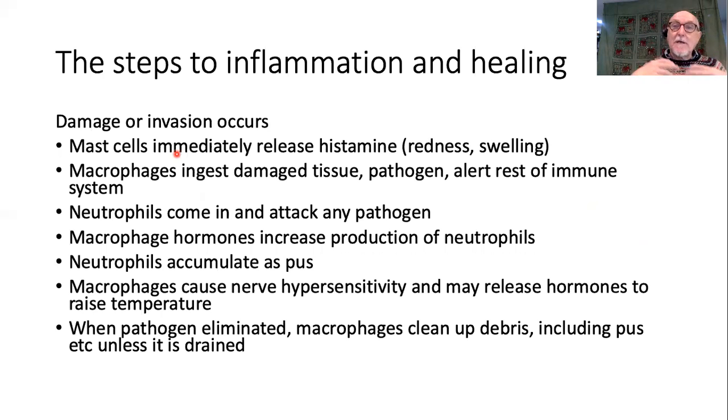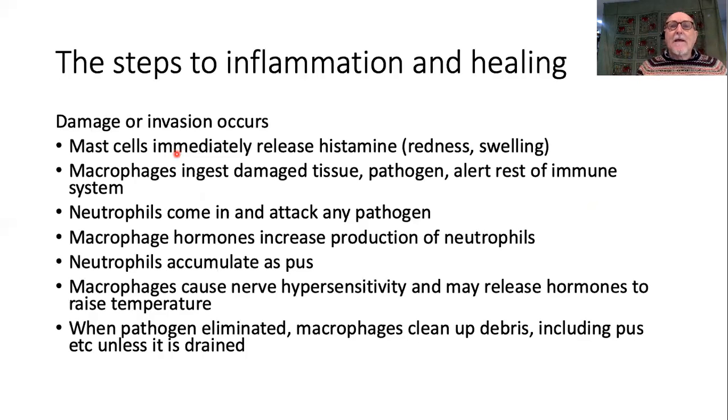They're swept around your body by the circulatory system the whole time, but as they approach an area of infection, from which chemical messages are being sent by the macrophages, they will slow down and they will grab onto the sides of the blood vessels. And then they will creep out of the blood vessels and migrate towards the area of infection, where they'll begin to accumulate.